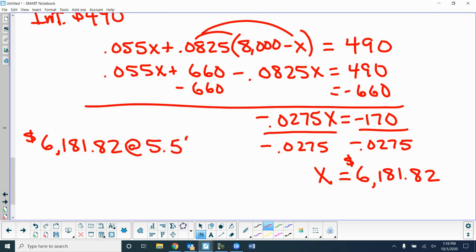So how do I figure out how much I put in at 8.25? What do I do to get the other number? Yeah, subtract that answer from the 8,000, right? And when I do that, 8,000 minus this, it's $1,818.18.